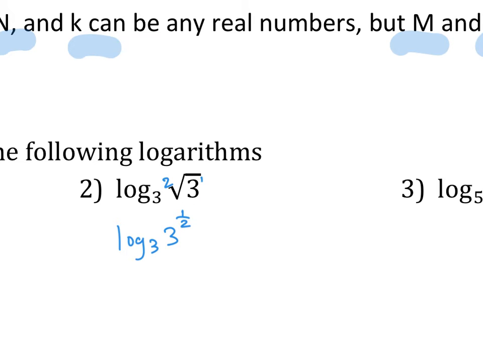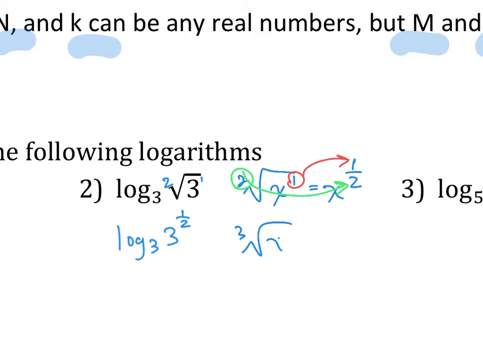Okay, if you don't remember this, I feel like we had reviewed this at the beginning of the year, but if you don't remember, this power goes up here, and then this root goes as the denominator. So a quick example, if you have third root of x squared, it becomes x to the 2/3.